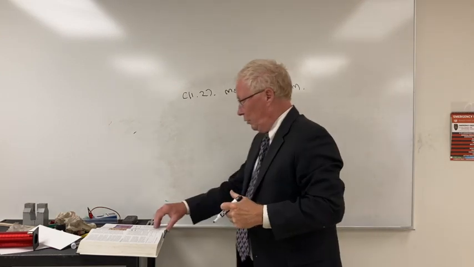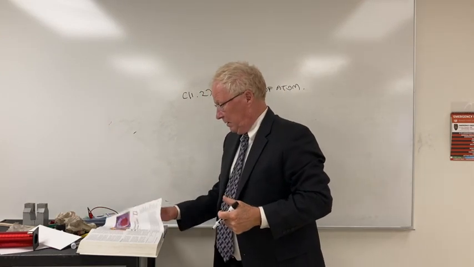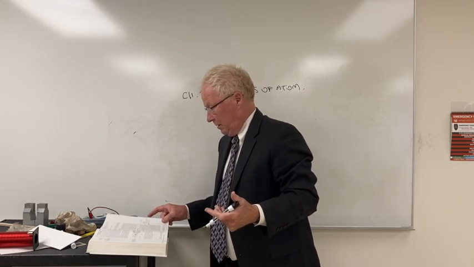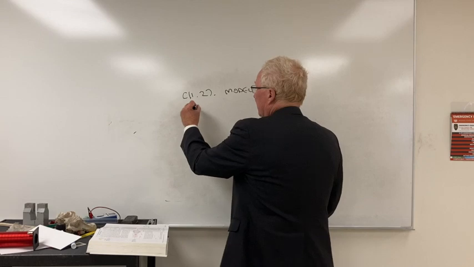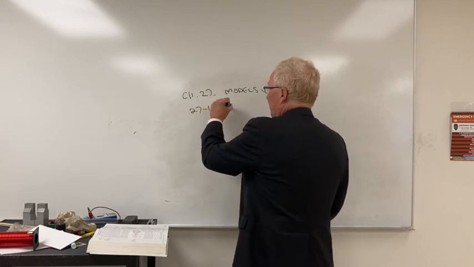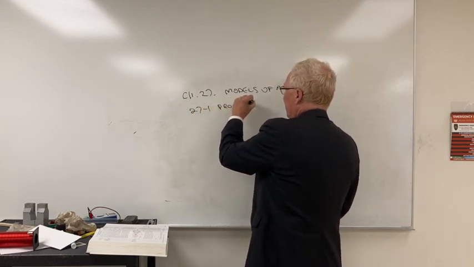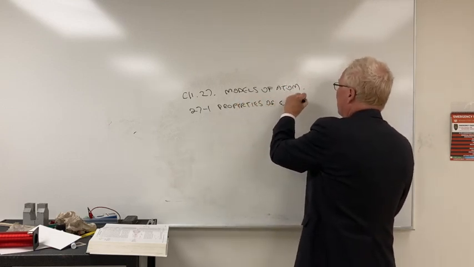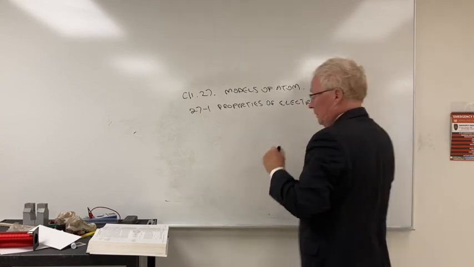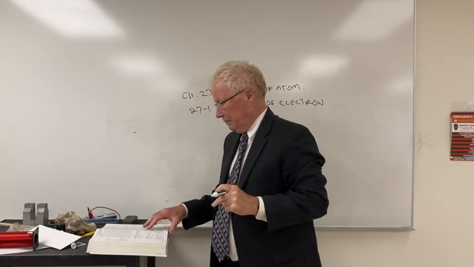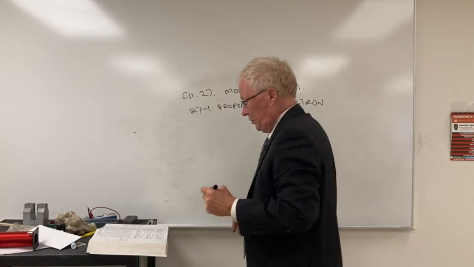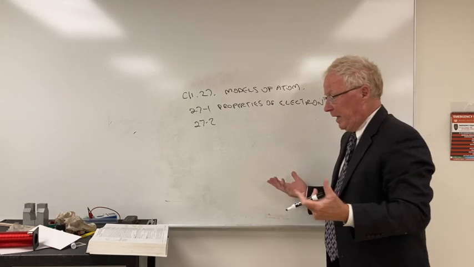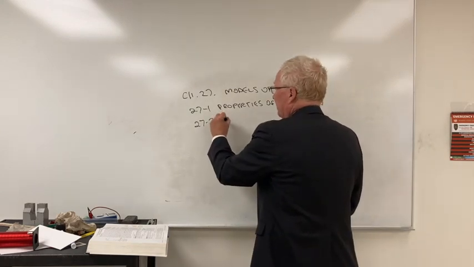So to review quickly, just going through sections, 27.1, properties of the electron. 27.2, and this also deals with the lab, is on black body radiation.